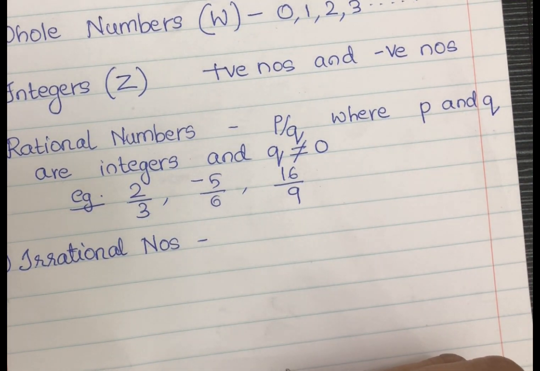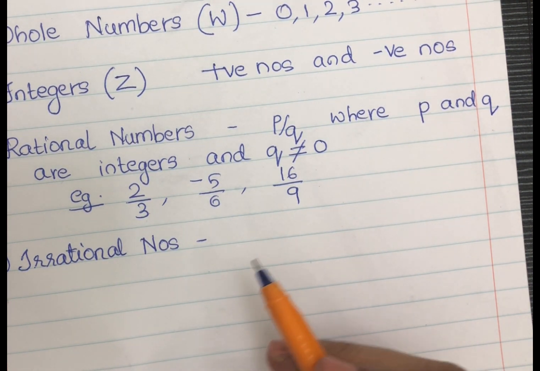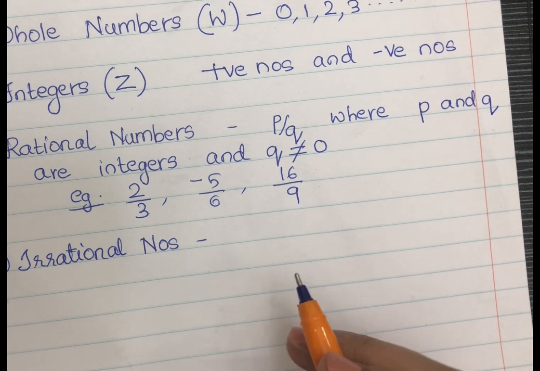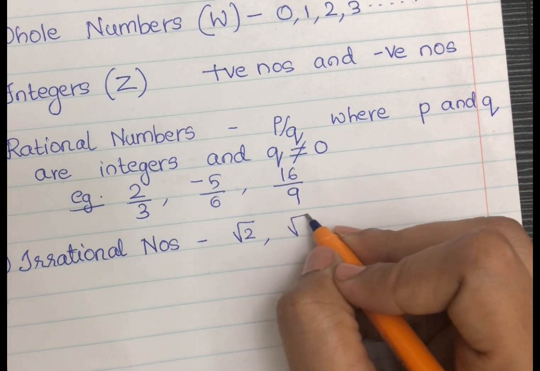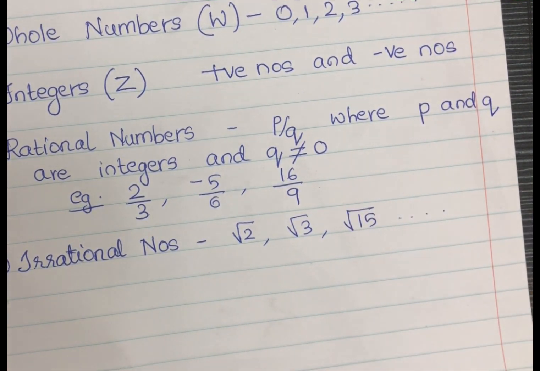So what will be irrational numbers? Irrational numbers are numbers which are not of the form P by Q, where P and Q are integers and Q not equal to 0. For example, root 2, root 3, root 15, these all are irrational numbers.